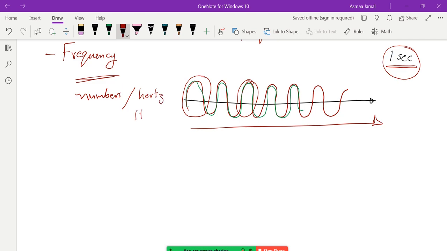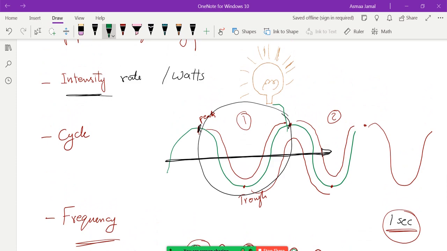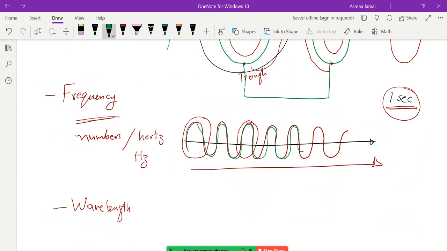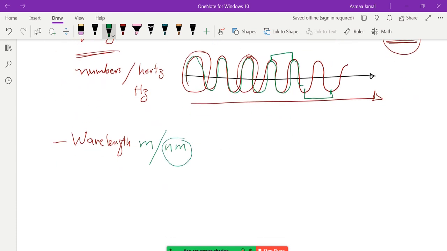or Hz. We also have the wavelength. This one is the distance between two peaks or two troughs, and we measure it in meters or nanometers. A nanometer means 10 to the power of minus 9.